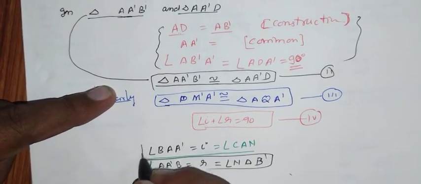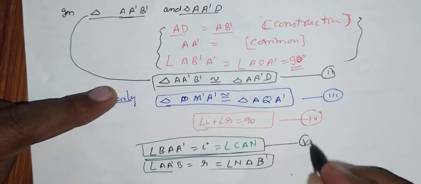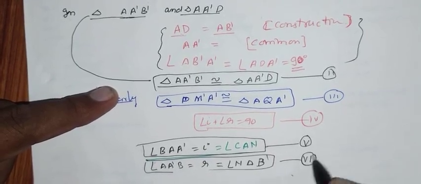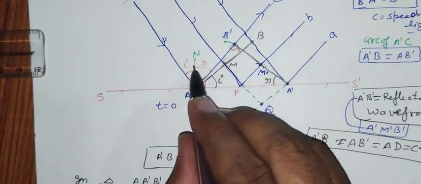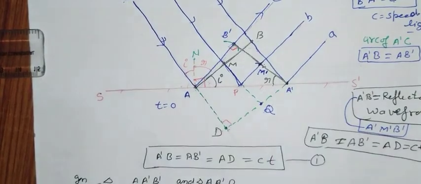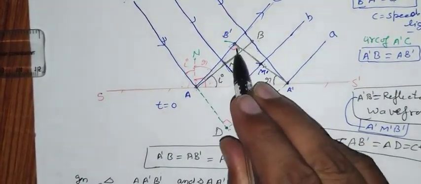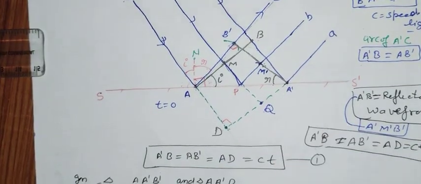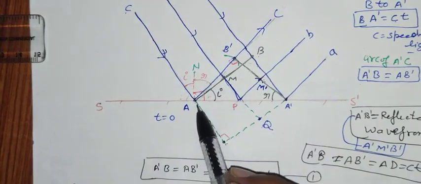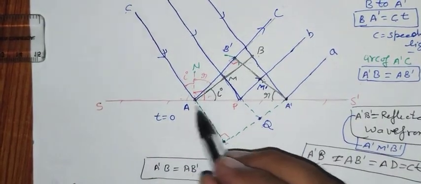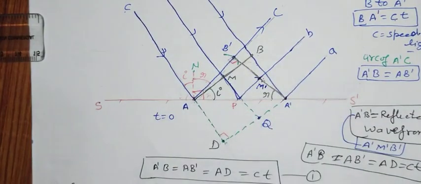I and R. This is equation 5 and it is equation 6. See here, this angle R is equal to angle R. The reflected ray makes the same angle with the reflected wavefront. This we will see in two triangles. What are these two triangles? See carefully students: A'B and A'B'.